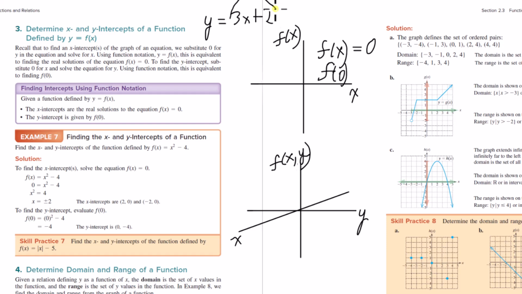That's just evaluating the function at 0. If you have y equal to 3x plus 2, it's already solved for y, so you just evaluate the function at 0. That's the y-intercept. And for the x-intercept, again, you just set the expression equal to 0 because the y is by itself.